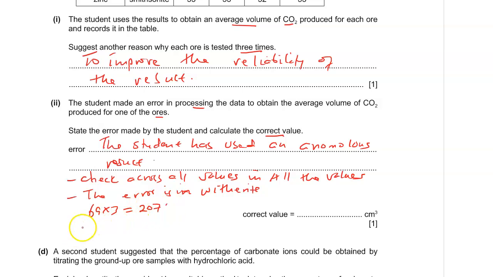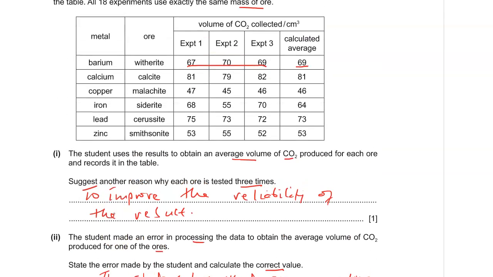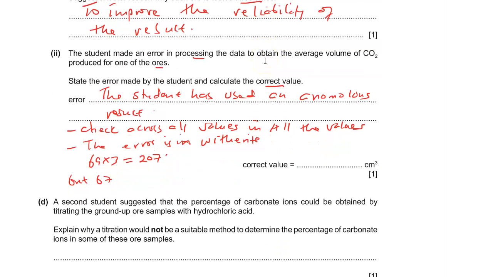But when you add 67, which is the data here, 67, 70, and that is 67 plus 70 plus 69, what you get is 206.